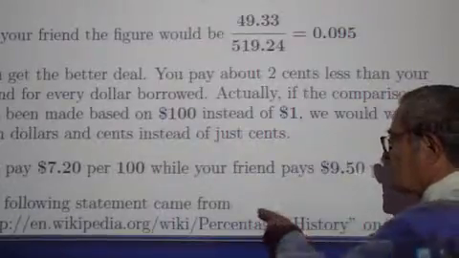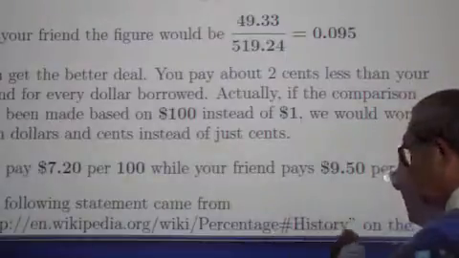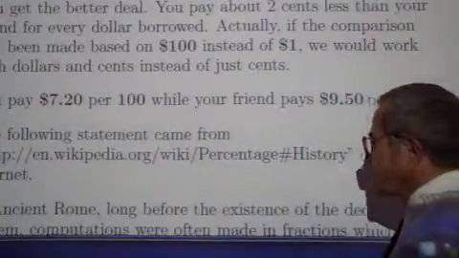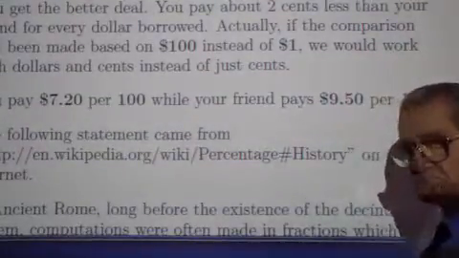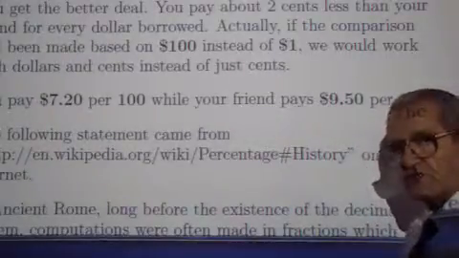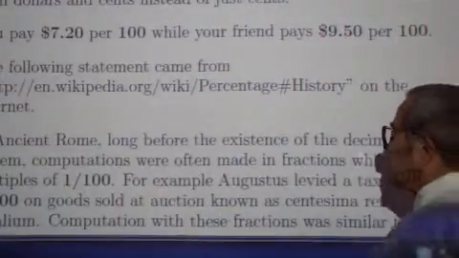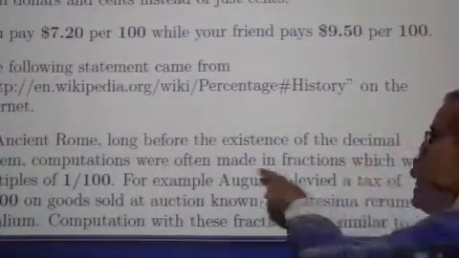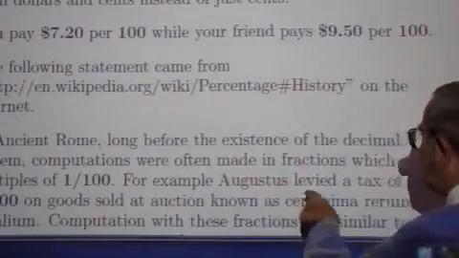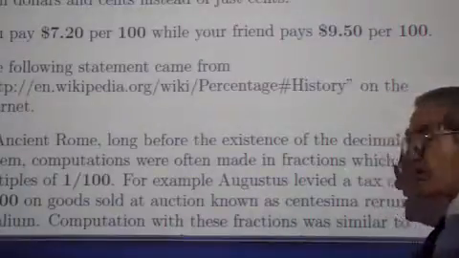And then we have a statement which came from this particular source on the internet, just to make things a little bit more interesting for you, maybe a touch of history. In ancient Rome, long before the existence of the decimal system, computations were often made in fractional forms, which were multiples of 1 over 100.